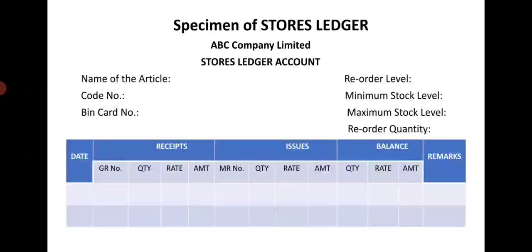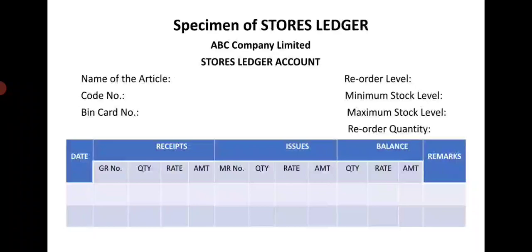So if the date and rate of the issue of material to production department is not given, then the materials received to the store should be priced at the current issue method, whether it is FIFO, LIFO, simple average or weighted average. So current issue price should be followed.